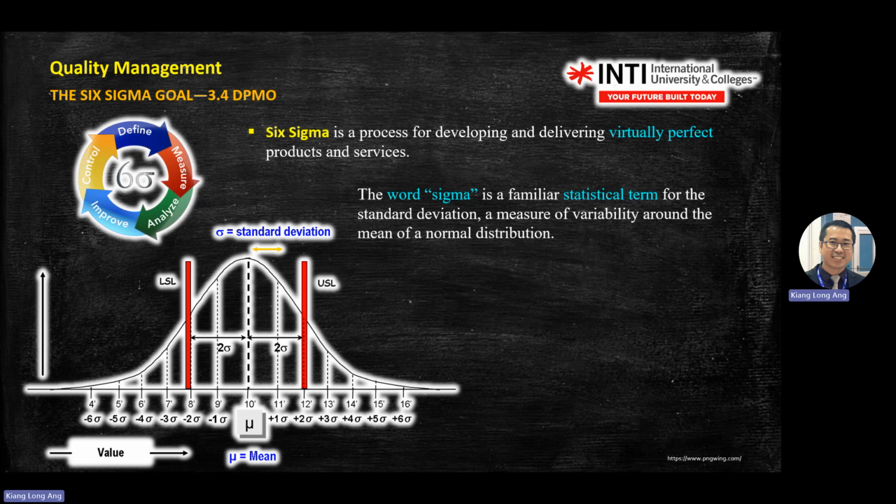Sigma has a positive and negative side, so on the left and right you have 1 sigma, 2 sigma, 3 sigma, 4, 5, 6 sigma. 2 sigma has the negative and positive region, so this is a total 2 sigma region. And 6 sigma is until here.